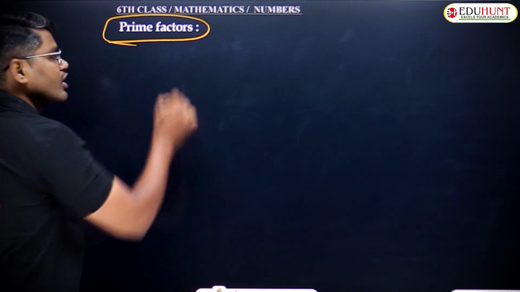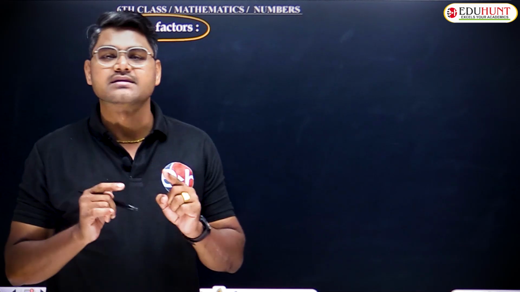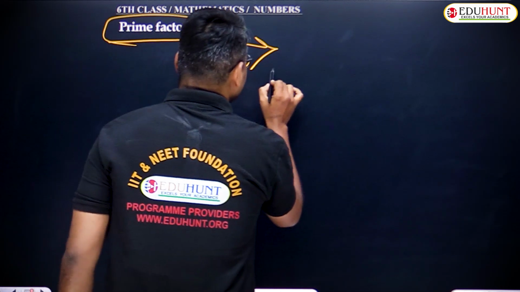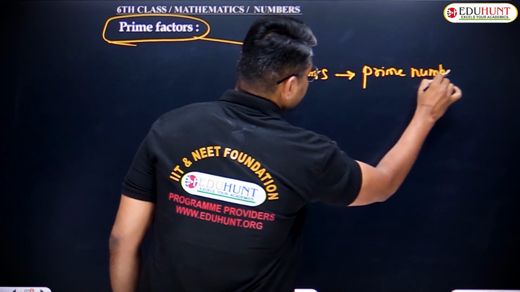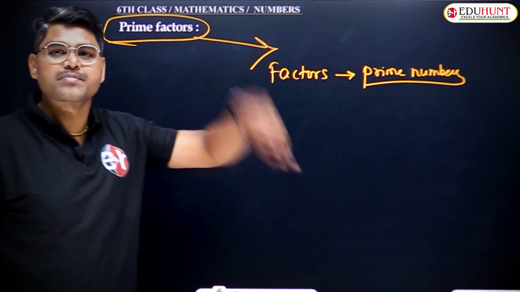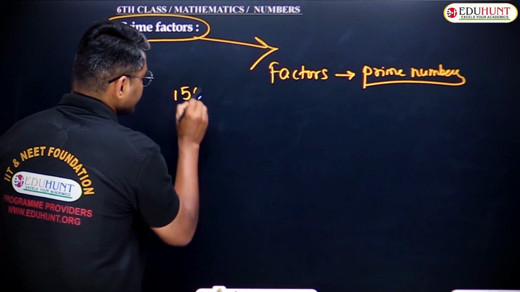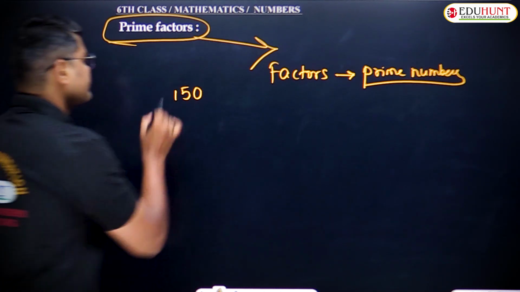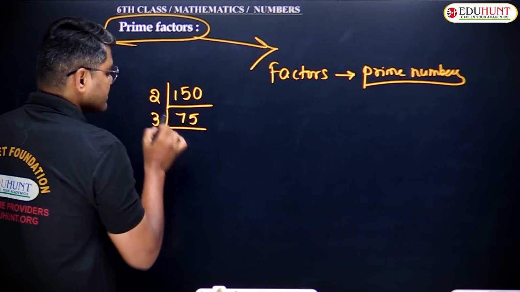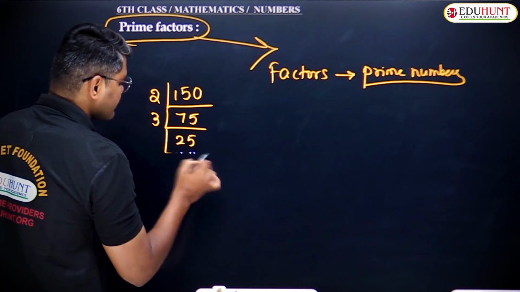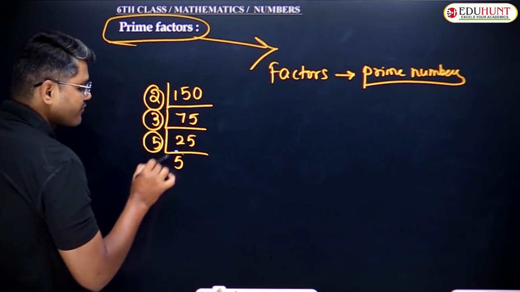Prime factors. What do you mean by prime factors? Here prime factors means the factors must be prime numbers. For example, if I take 150, let's find the prime factors of this 150. 2 75s, 3 25s are 75, 5 5s are 25, 5 5s. 2 is a prime number, 3 is a prime number, 5 is a prime number, 5 is also a prime number.